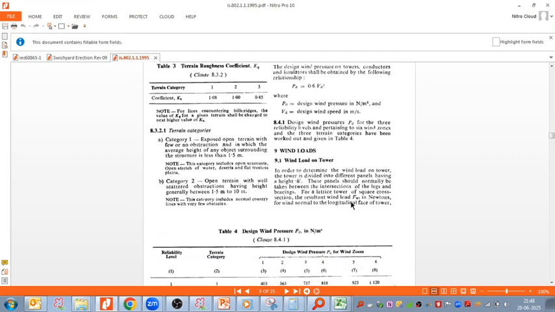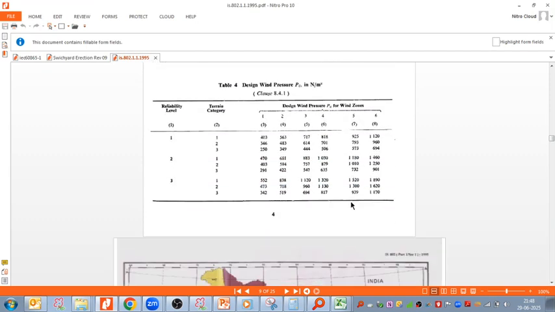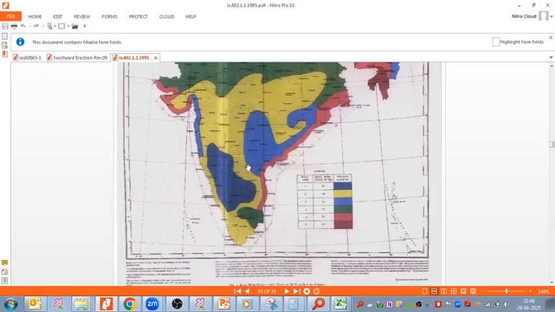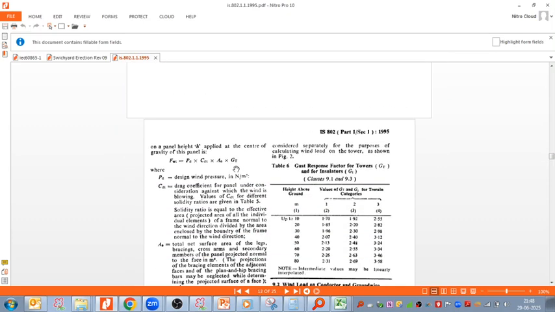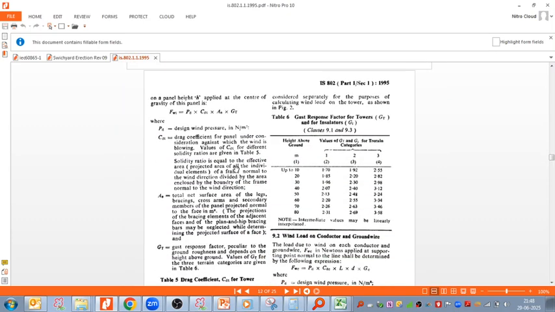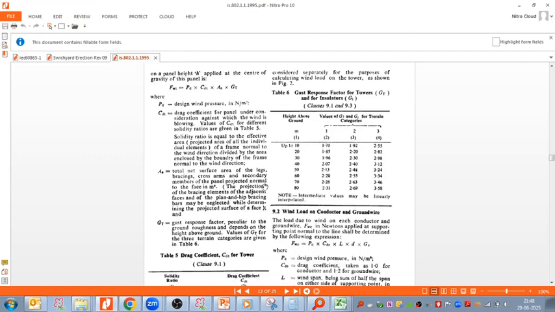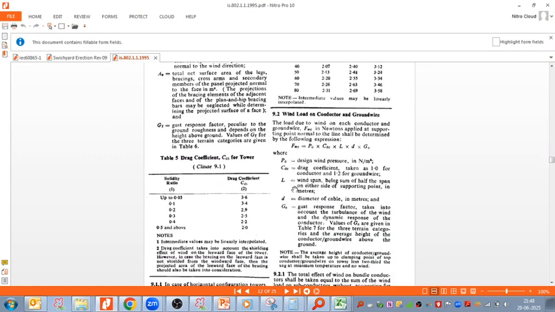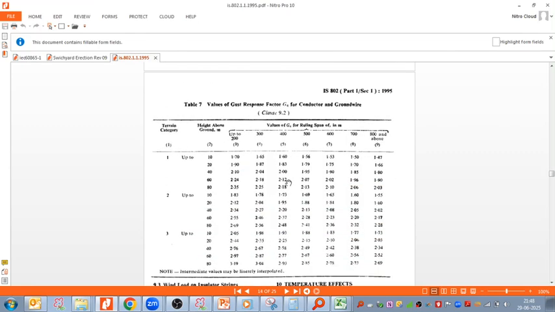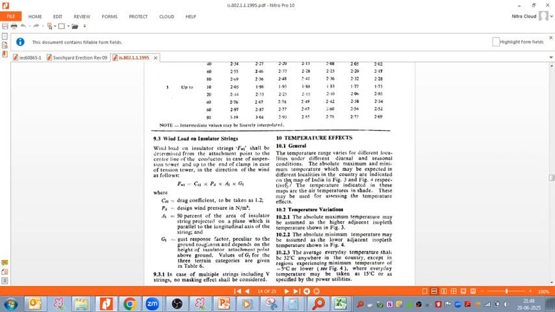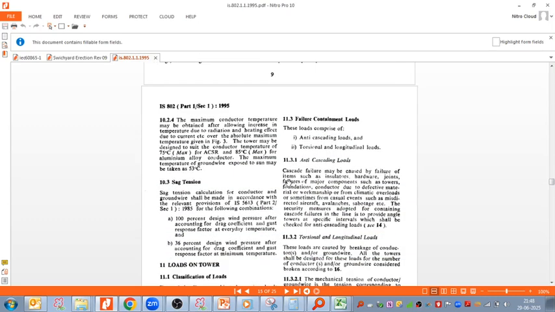This is the zone-wise wind speed that we already covered. Civil will take the wind and calculate the wind force. They can calculate the wind load, then the wind load on the insulator string. Okay, clause number 15.